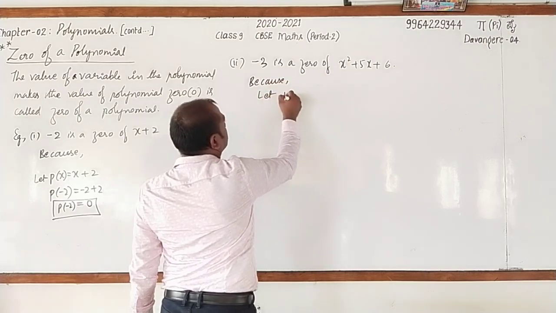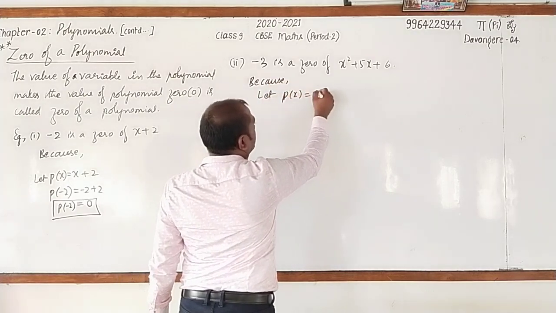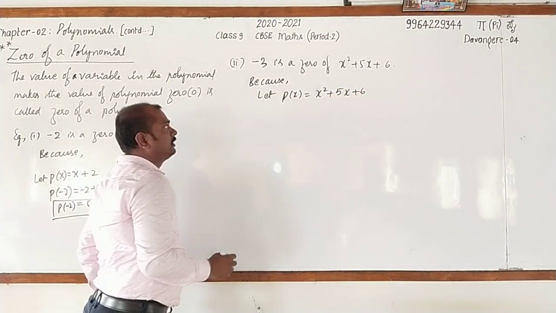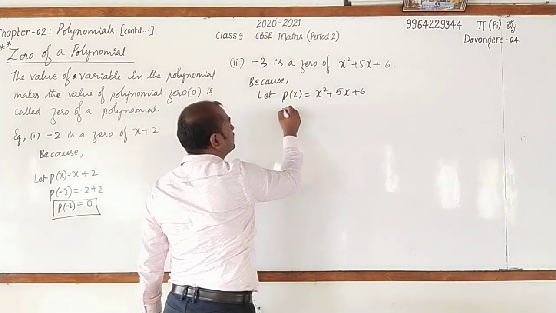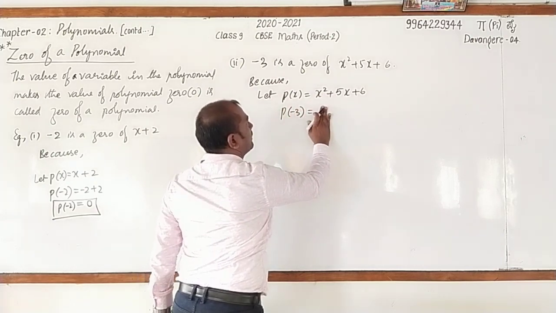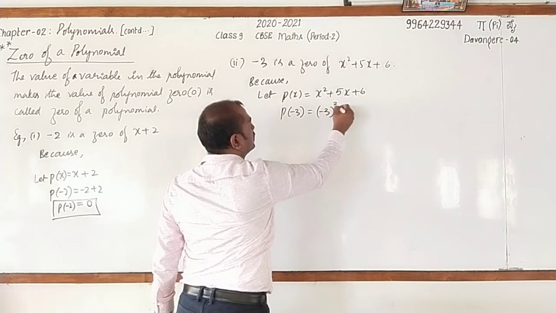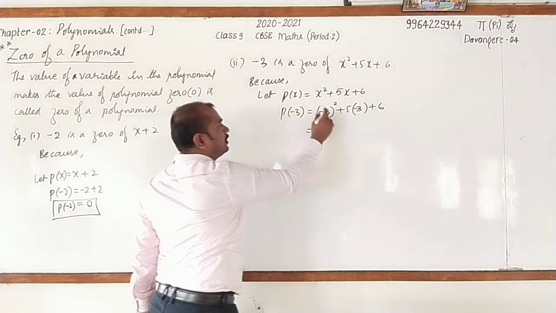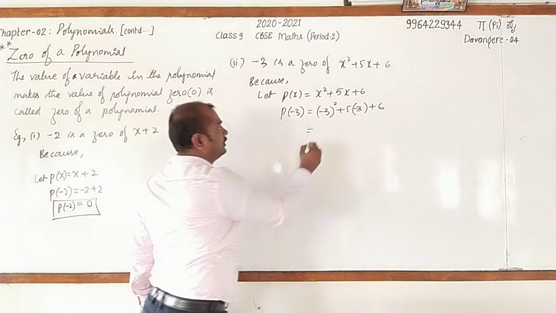here I am going to take, let p of x equal to x square plus 5x plus 6. It is a polynomial, and where x is minus 3, p of minus 3 equals minus 3 whole square plus 5 into minus 3 plus 6. What is minus 3 whole square?